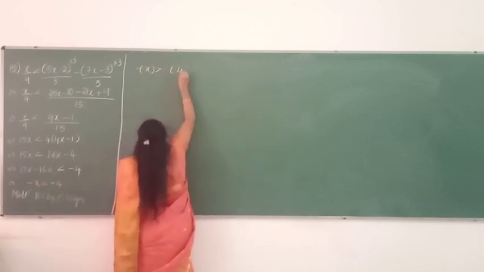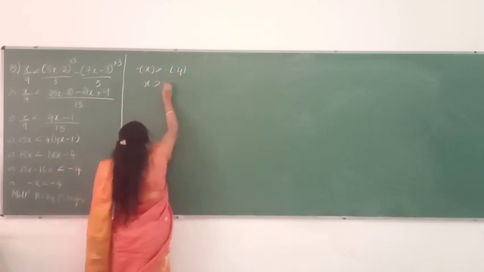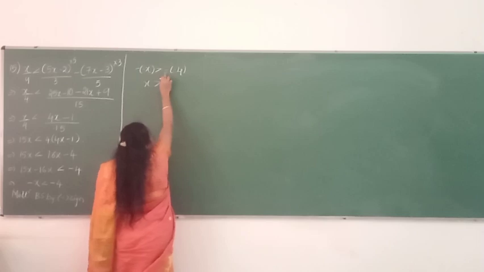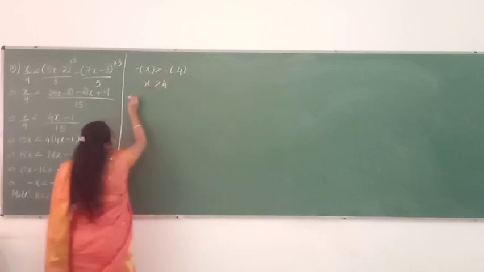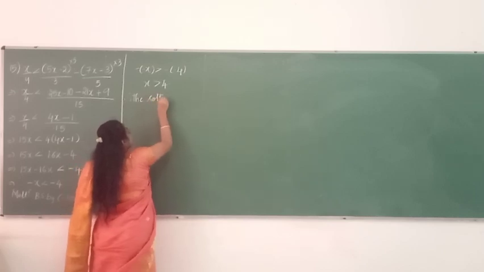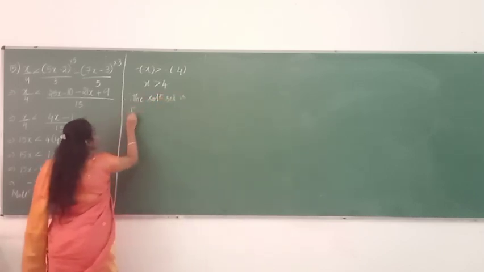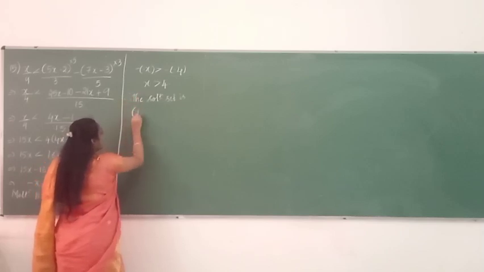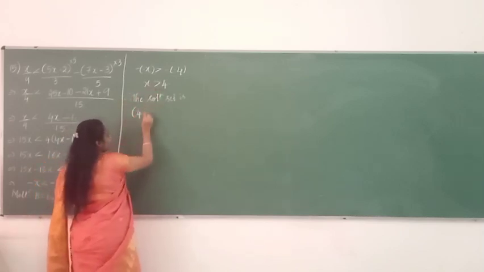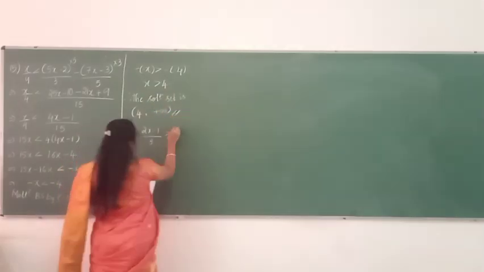Minus of minus 4, so minus into minus is nothing but plus. So x is greater than plus 4. As it is minus and minus, it will become positive. Therefore, the solution set is the open interval 4, as it is greater than, it is moving towards plus infinity.